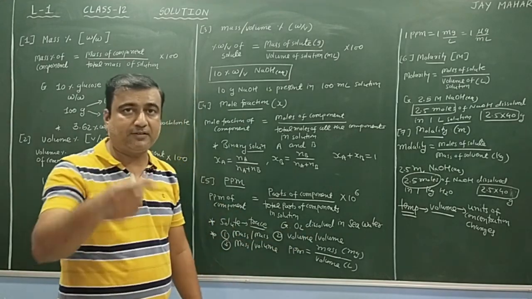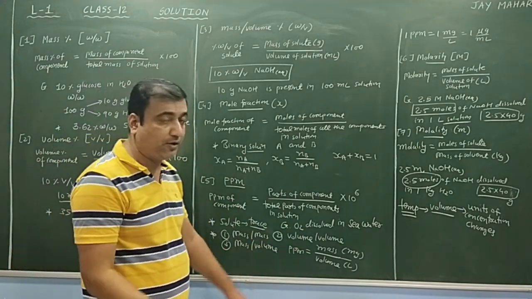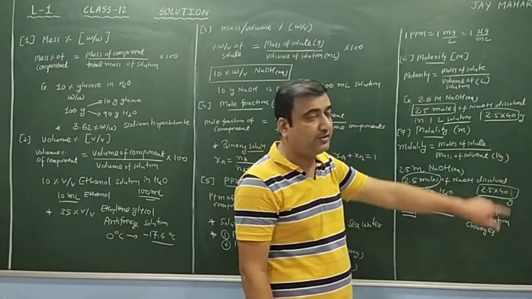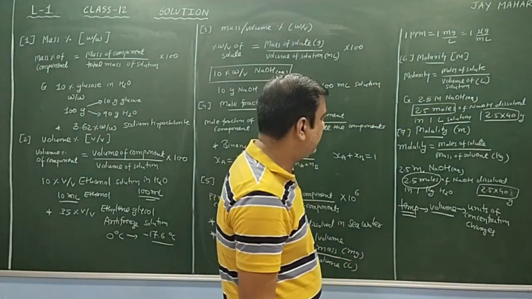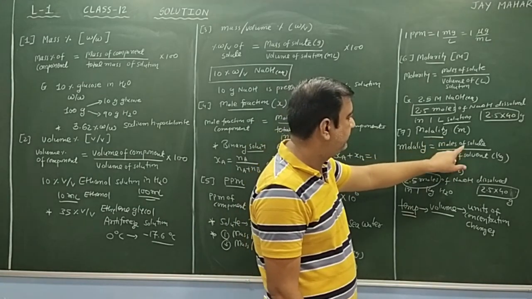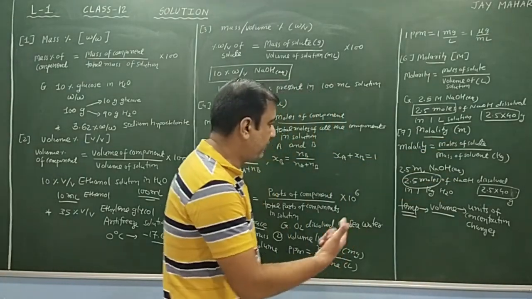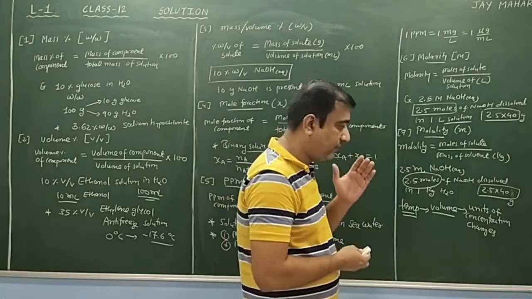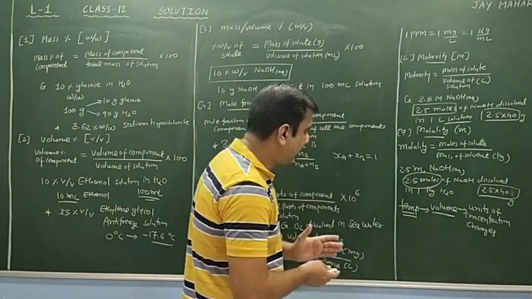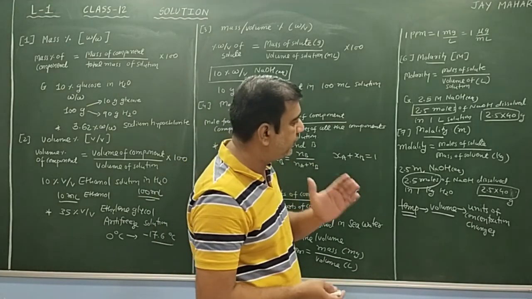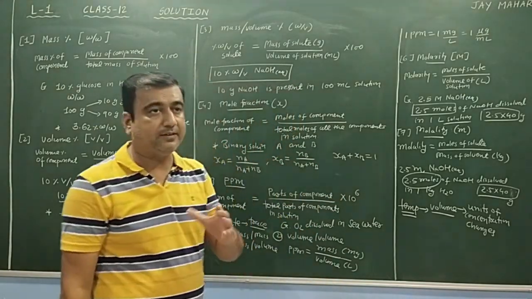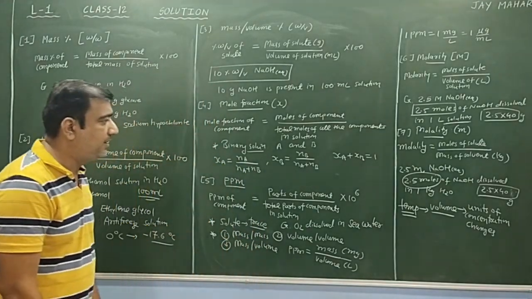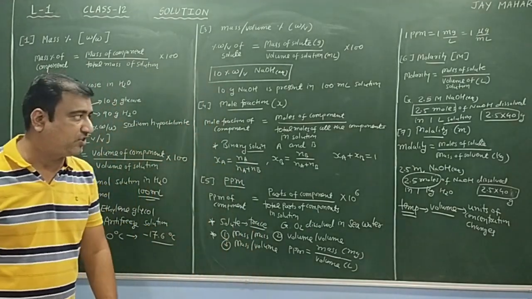Volume to volume depends upon volume, so it changes. Mass to volume also changes. Molarity has volume, so it changes. Molality has no volume, so it will not change. So in short, temperature affects the volume, it does not affect the mass. That means units of concentration that depend upon volume change by changing the temperature.